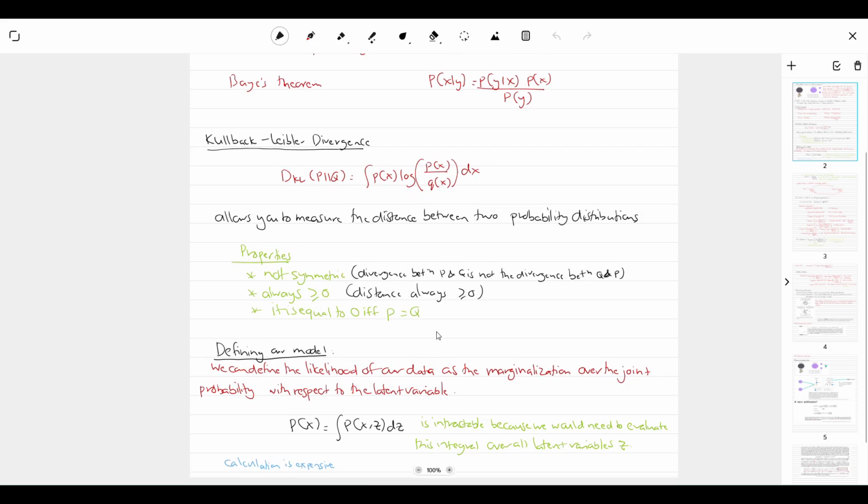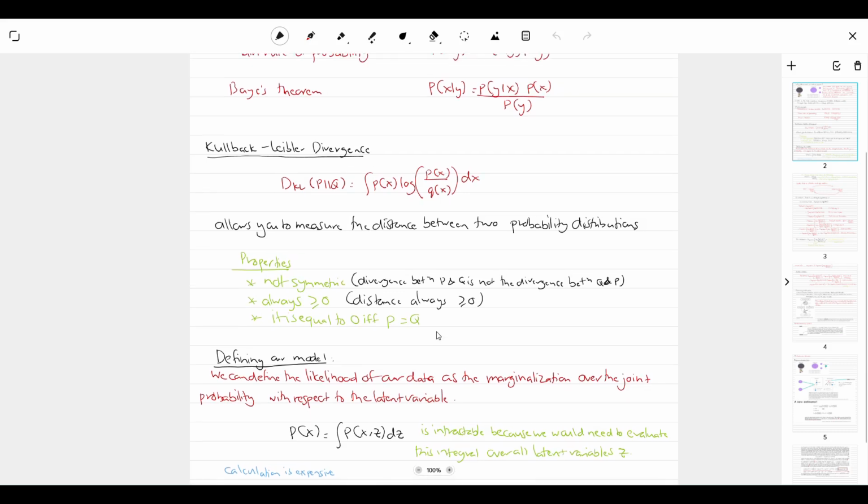Now we get to the heart of the challenge in explaining our VAE model, which is fundamentally a generative model. Our ultimate goal in building a generative model is to find the likelihood of our data, the probability of x. We want to know how probable it is to observe the input x in our dataset. So we define the likelihood of our data by marginalizing over the latent variable z.